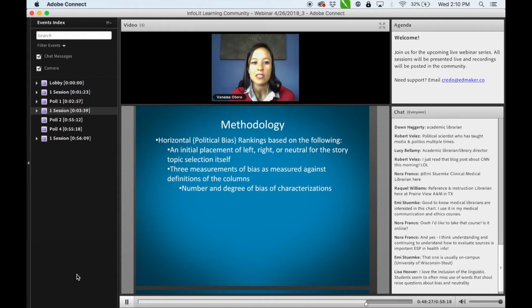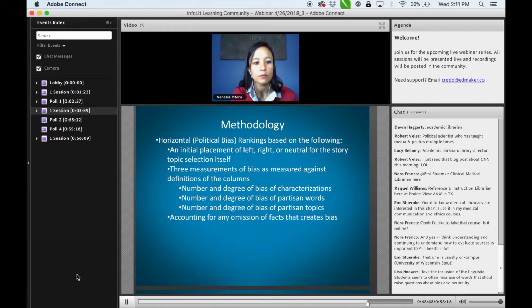It's really different to say somebody is unconventional versus unhinged. So you want to count the degree of bias of those. The number and degree of bias of partisan words, words like estate tax versus death tax, for example. And then the number and degree of partisan topics, the political topics that we mentioned before.